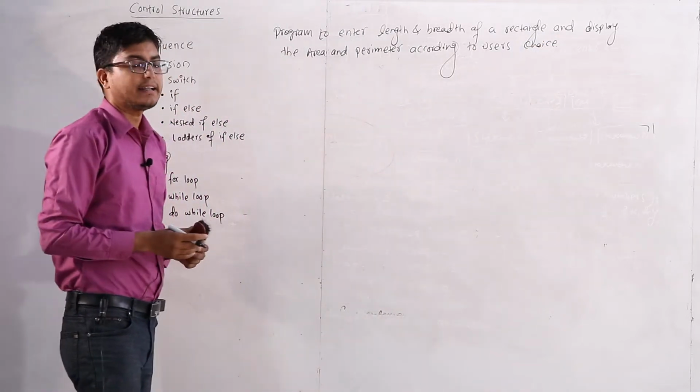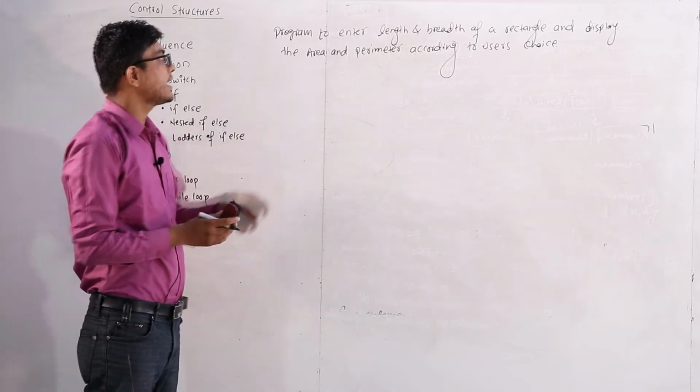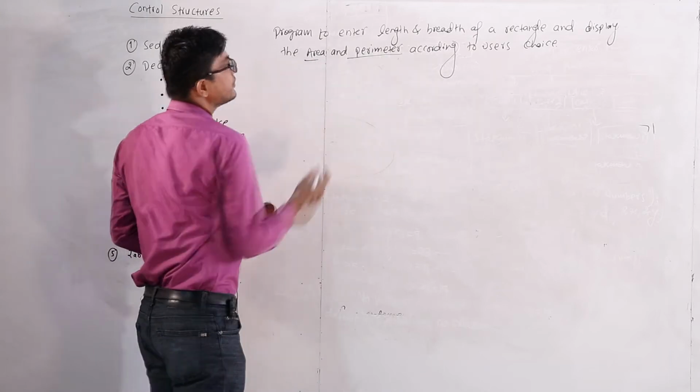The question says that you have to enter the length and breadth of a rectangle and display the area and perimeter according to user's choice.